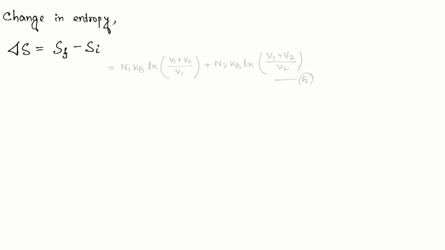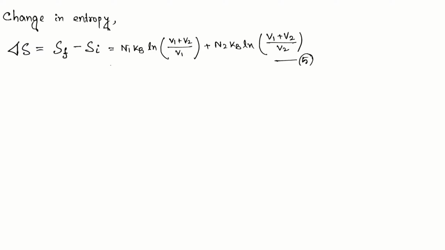So if we calculate, we'll get this type of equation, N1 k_B ln of (V1 plus V2) by V1 plus dot dot dot. So you can see this equation is always greater or equal to 0 because the quantity under the log is a positive quantity and is greater than 1, and all quantities are positive here. So delta S is obviously greater or equal to 0.